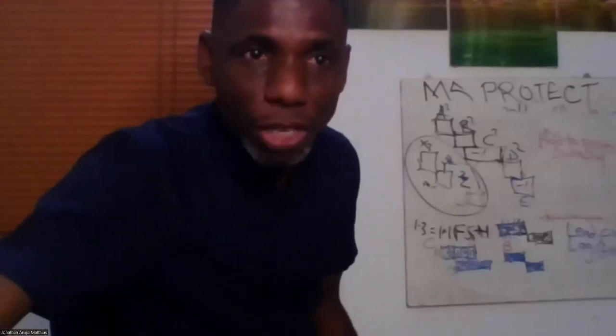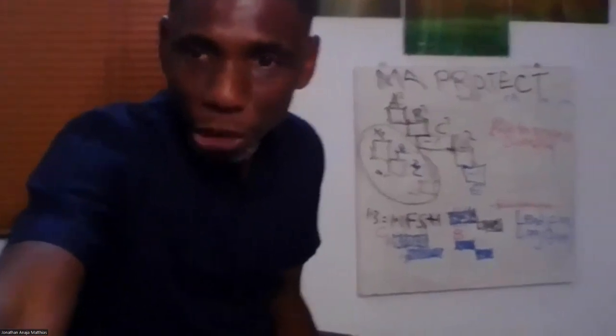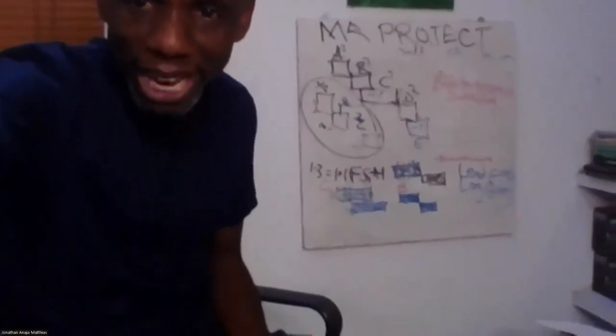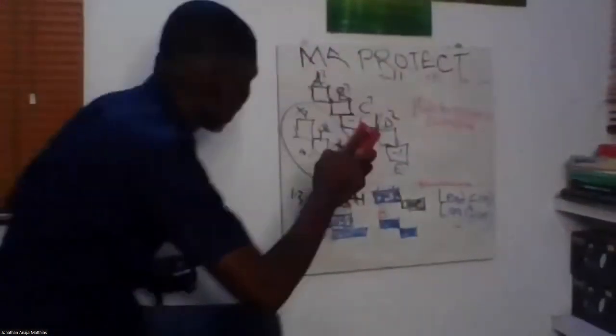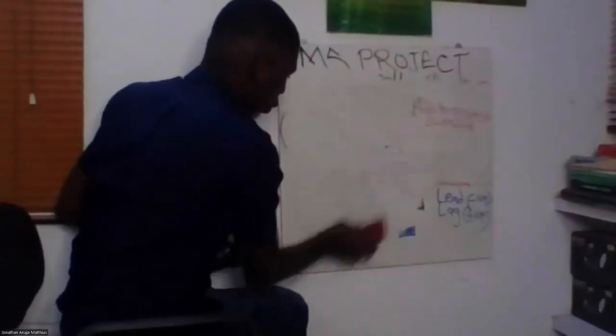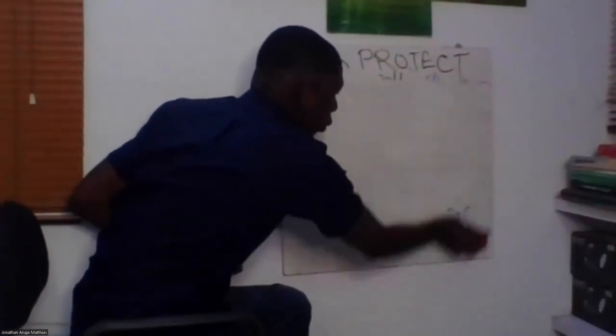So class, I have a question right now before me, if you're in the chat box. It says, do you need to apply a lag on activities on a non-critical path? Let me look for a practical example to answer that question.